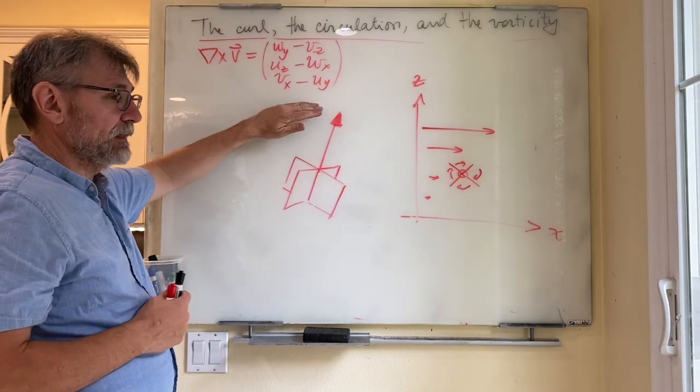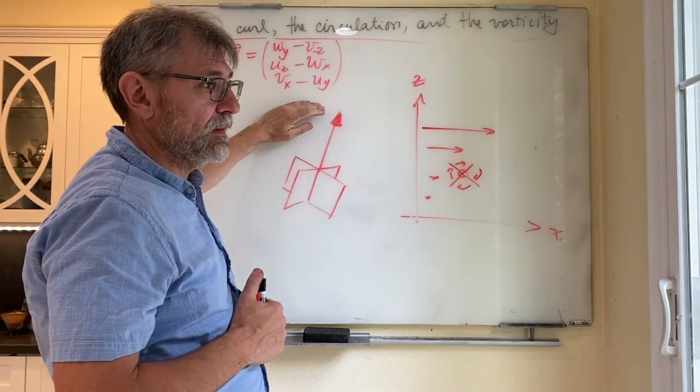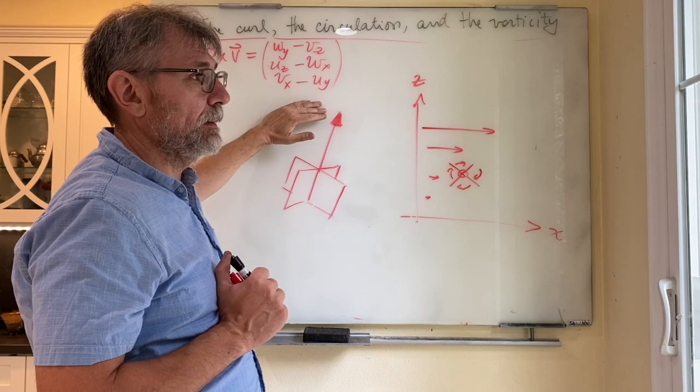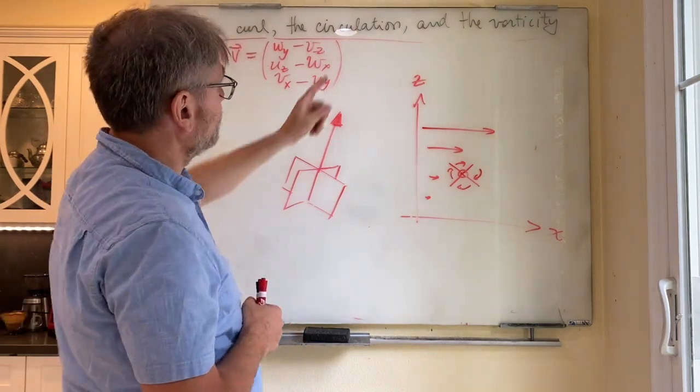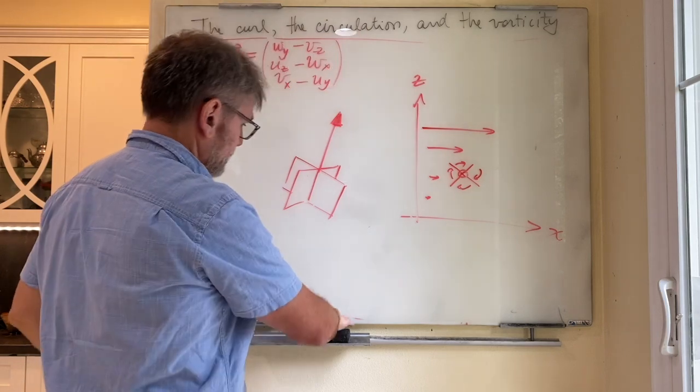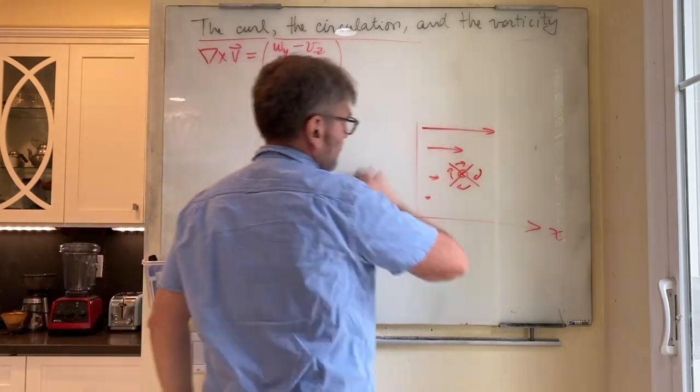Another way to define it, so that it appears more coordinate independent, is the relationship between what's called the circulation and the vorticity. So let's do that relationship now.